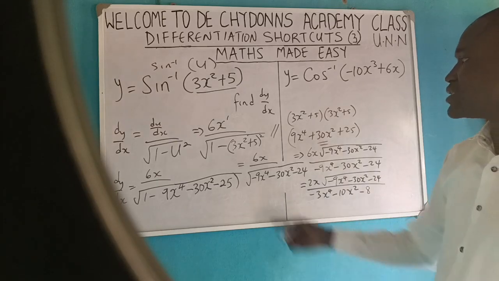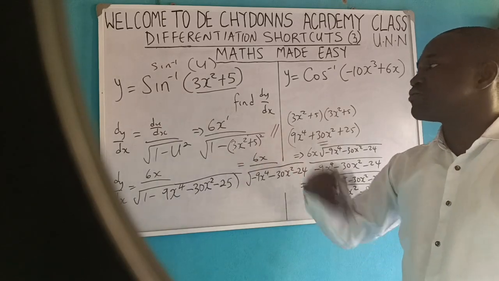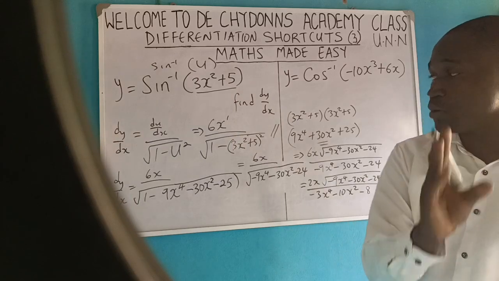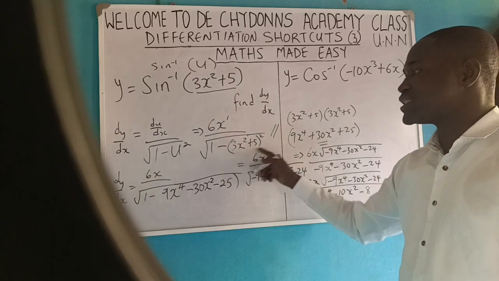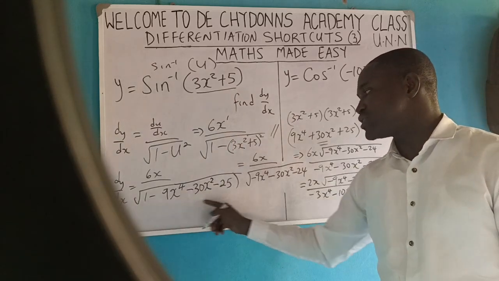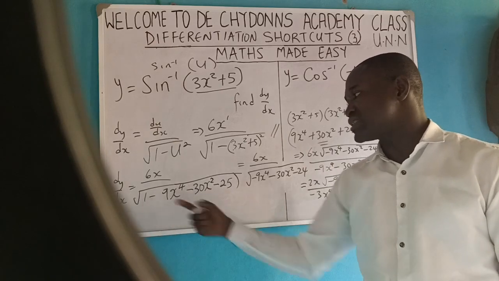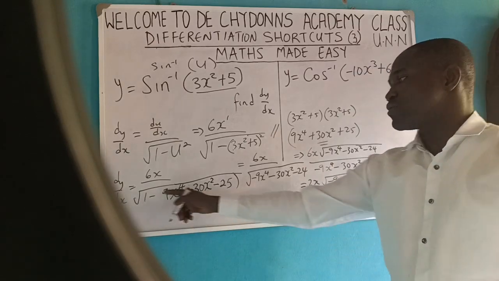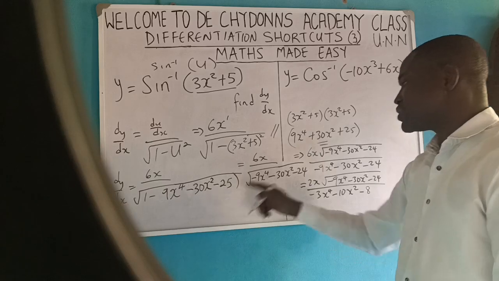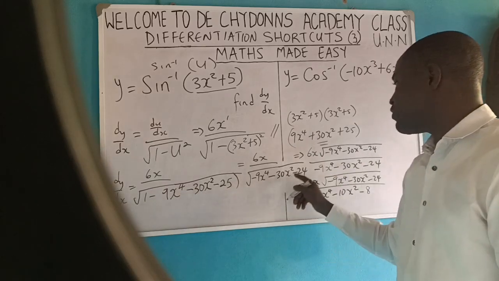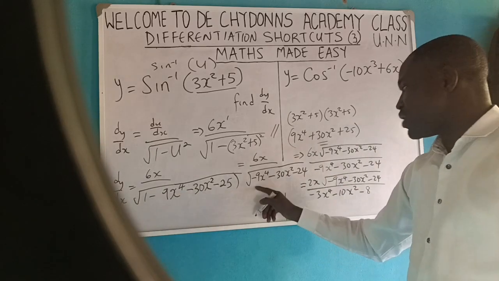But as I said, this is the first answer depending on the option. If they said that they expanded it, you expand it. This will become the second answer. Afterwards, collecting like terms, 1 minus 25 will give you minus 24. Then you have this.